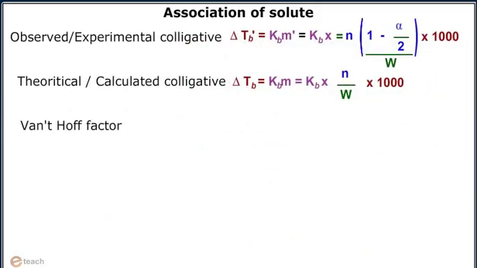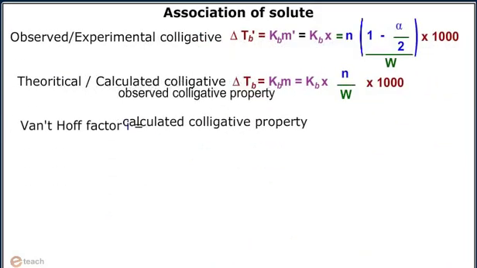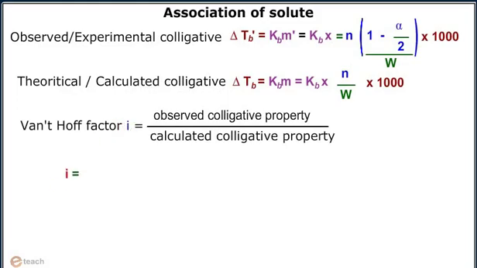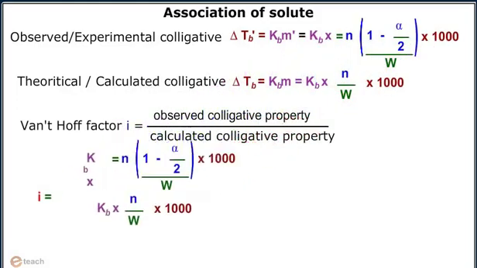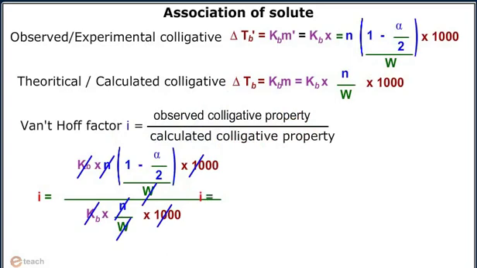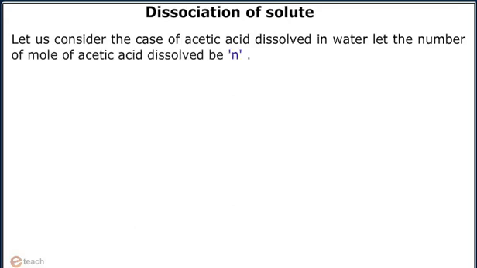Van 't Hoff factor i equals experimental colligative by calculated colligative. On solving, i equals 1 minus alpha by 2. Inclusion of the Van 't Hoff factor modifies the equations for colligative properties as follows.